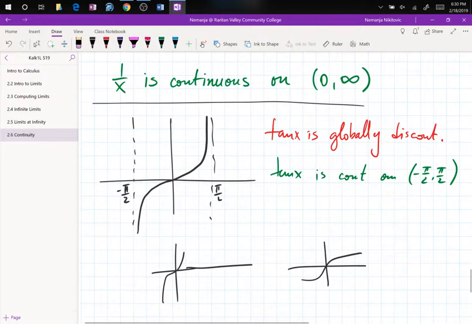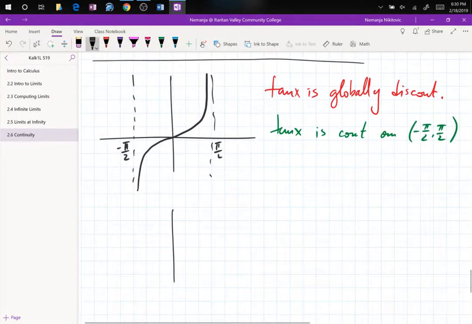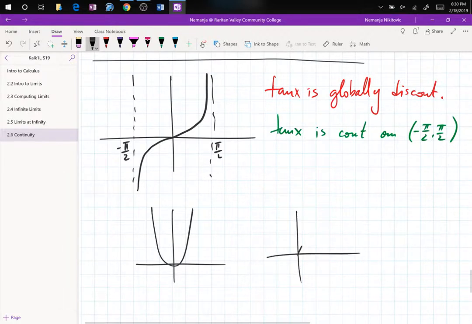So there are these subtle things, and our knowledge of continuity, domain, and where you chop would help. Another example would be our beloved x squared. When you draw an inverse, it's this. Is it a function? No, it's not a function.